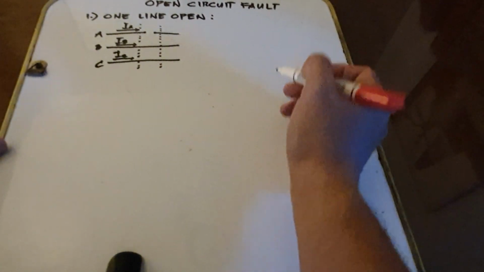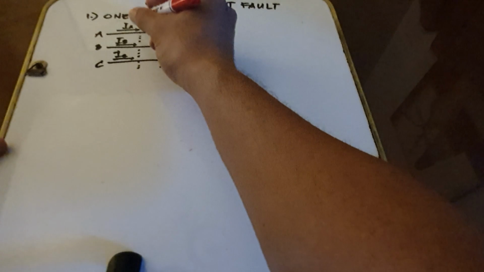So let's assume a dotted line. Assuming that phase A is open, therefore by analysis, the current IA is equal to 0, right?